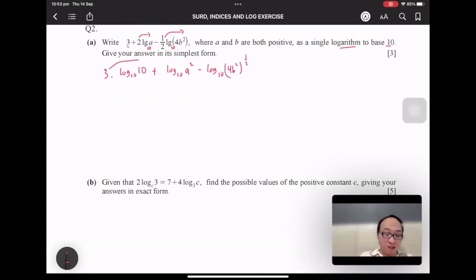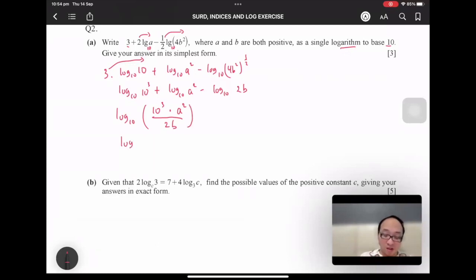So we change this, we put 3 as the power, log base 10 of 10 cubed, plus log base 10 of A squared, minus log base 10 of 4B squared to the power of half, which is 2B. And then we can combine log plus log to become log base 10, and we multiply 10 to the power of 3 by A squared, and then minus means divide, so divide by 2B.